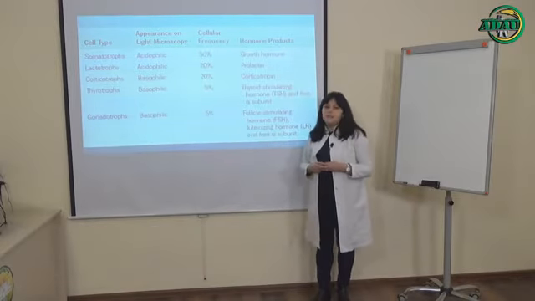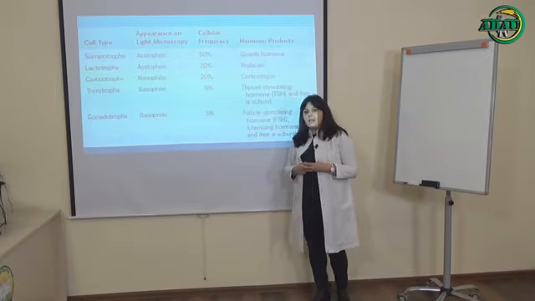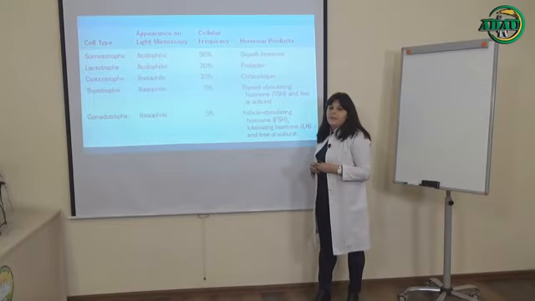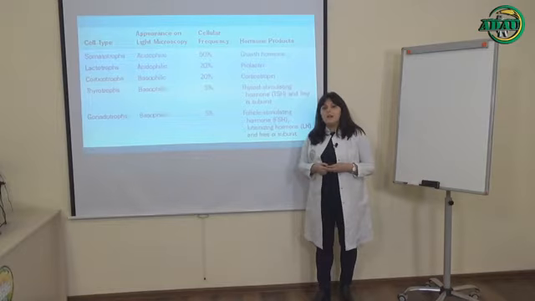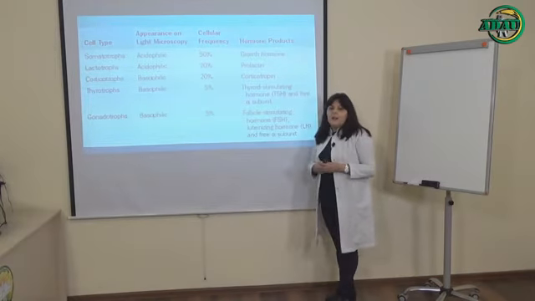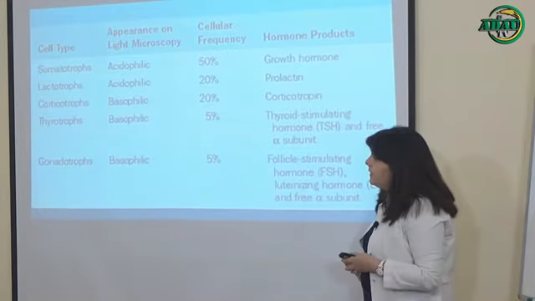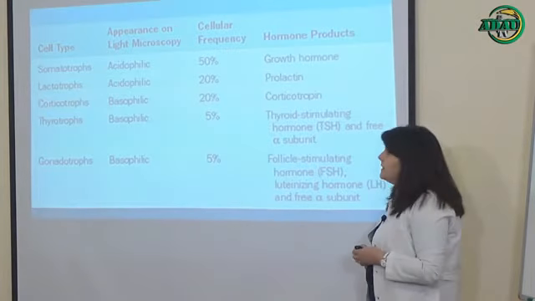The cells which are stained by the acidic dyes are called acidophilic, and there are different percentages, different proportions of cells in the hypophysis. So there are acidophilic and basophilic cells. Besides, there are cells which are called chromophobes. Why are the cells called chromophobes? Because these cells are not stained by dyes, whether the basic dyes or the acidic dyes.